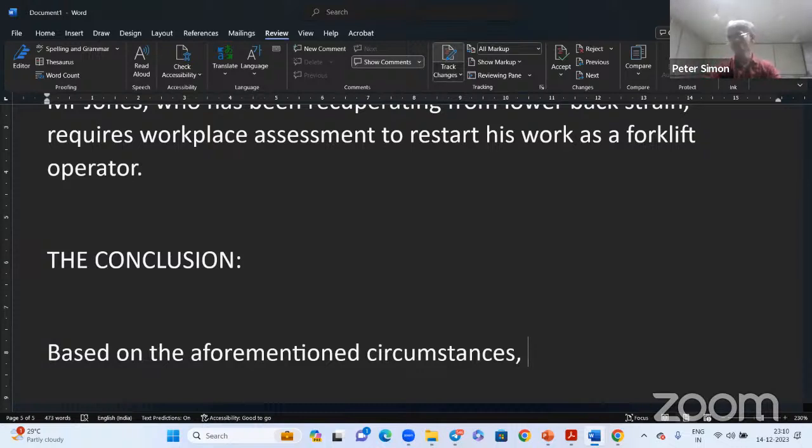Evaluation of, or evaluating, or assessing.